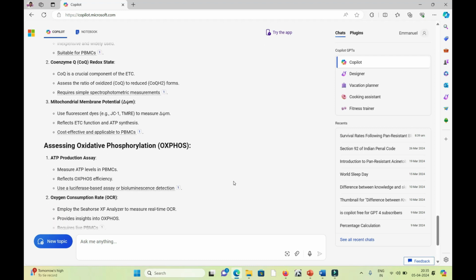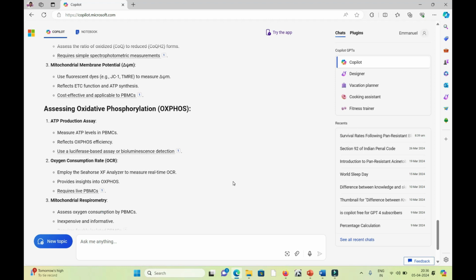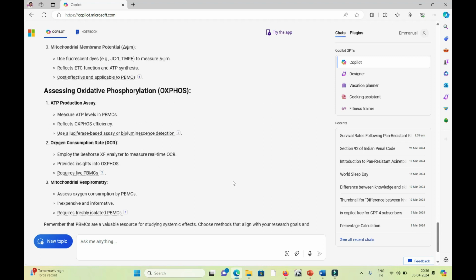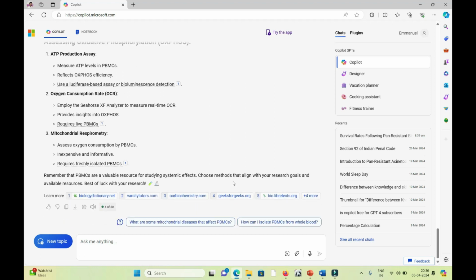And for oxidative phosphorylation, it is giving me suggestions on ATP production assays by looking exactly at the ATP levels. Then it is suggesting me to look at the oxygen consumption rate, a very frequent thing which is used. And it is also suggesting the most important analyzer, the Seahorse XF analyzer. And of course, mitochondrial respirometry. So all these can be done with peripheral blood mononuclear cells, right? So it's given me many things.